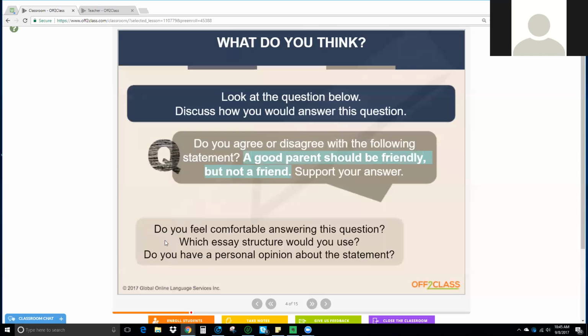Okay, we're going to talk about the essay structures. So if you are not sure which one you would use, that's okay. Okay, so hopefully you do have a personal opinion about the statement, but if you don't, you're going to take a side anyway.